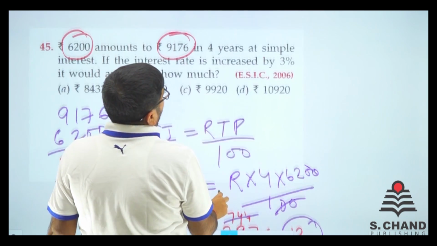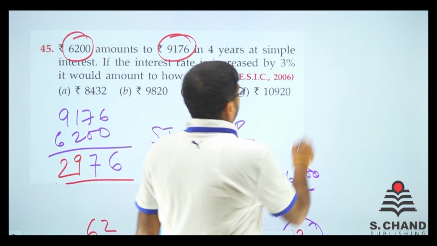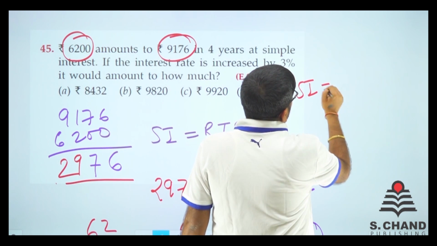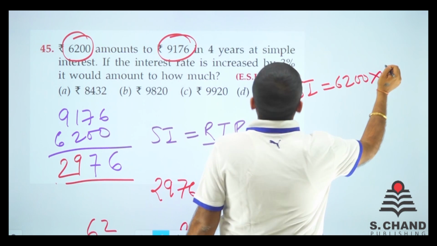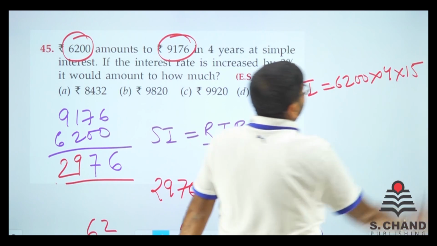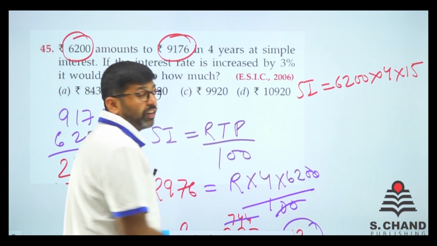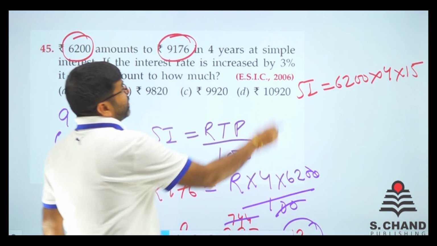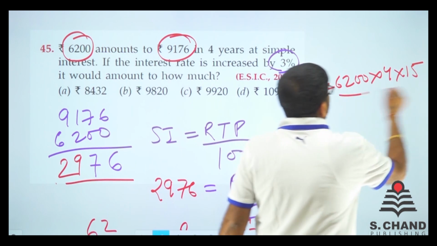Now, if this rate of interest is increased by 3%, so if it becomes 15%, SI we need to calculate on 6200 and the time is 4 years. Is it 4 years? Yes, it is. And it is 15% now, because we got rate of interest at 12%, increased by 3% got 15% and divide by 100.